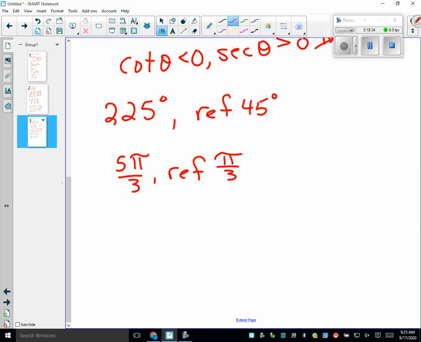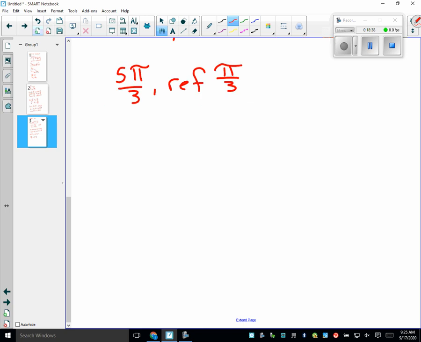Okay, this time I want to know the exact value, and you have to use the reference angle. What quadrant is that in? Well, cosine is positive, so it's either 1 or... Wait, how do you know cosine is positive? It's the cosine of an angle.